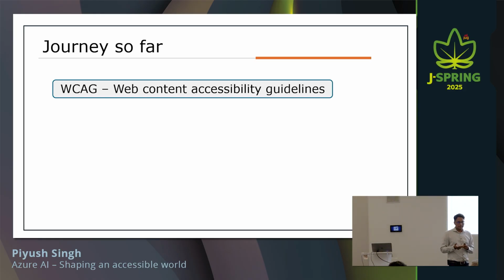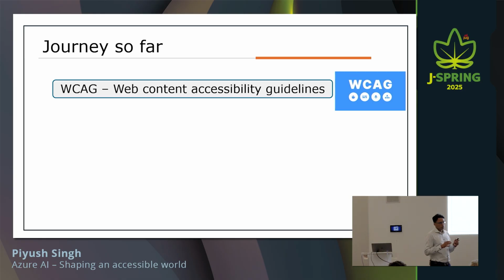Essentially it has 4 principles which anything digital has to follow, and that will make sure that it's accessible. The first is perceivable. Whatever content you have should be perceived by at least one sense of a person.